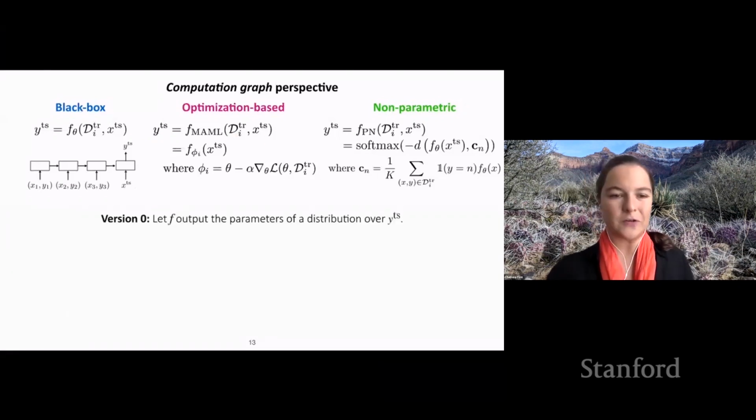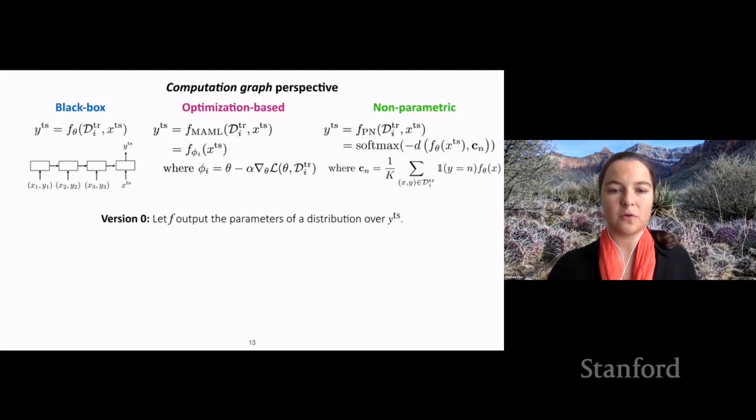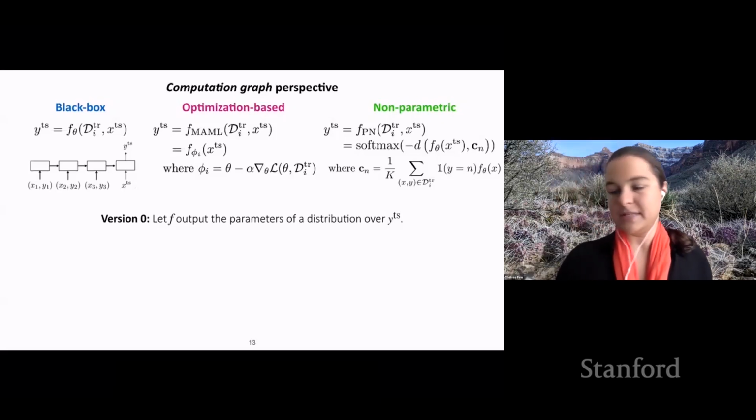And really the first V0 of a Bayesian metalearning algorithm is, instead of having f deterministically output a label, have it output the parameters of a distribution over y test, or otherwise output a distribution.